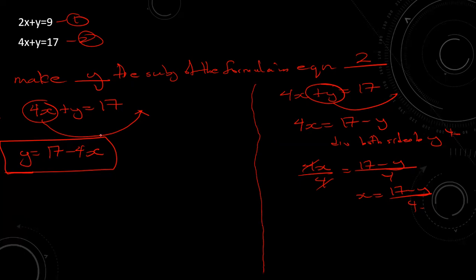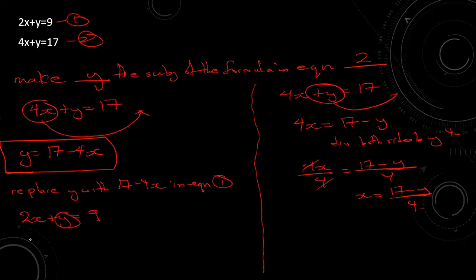So the next thing we're going to do is to replace y with 17 minus 4x in equation 1. We got this from equation 2, right? So from equation 1, we have 2x plus y equals 9.